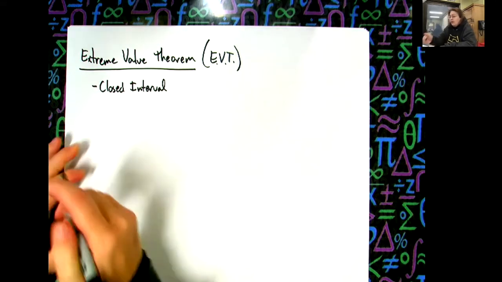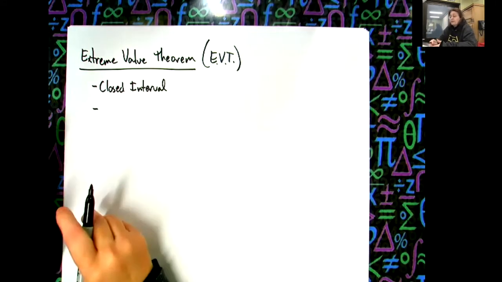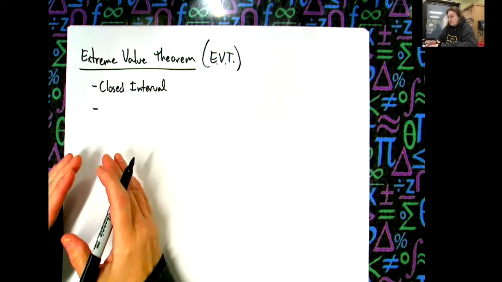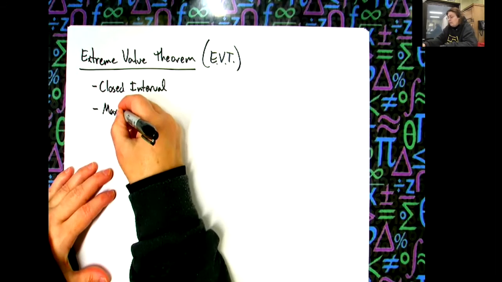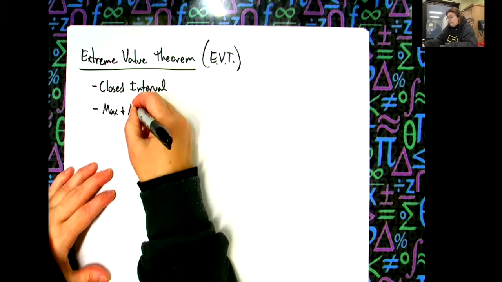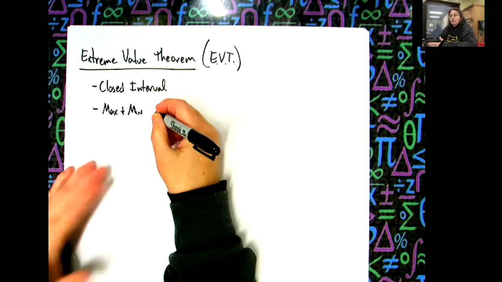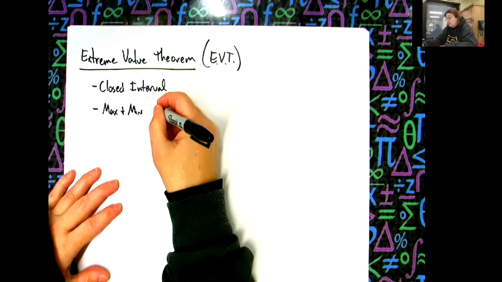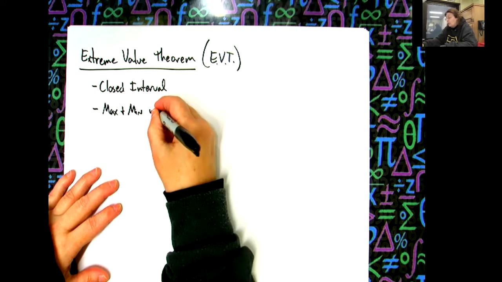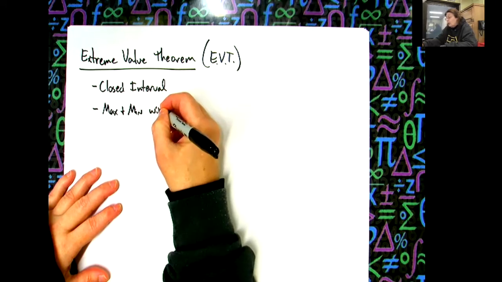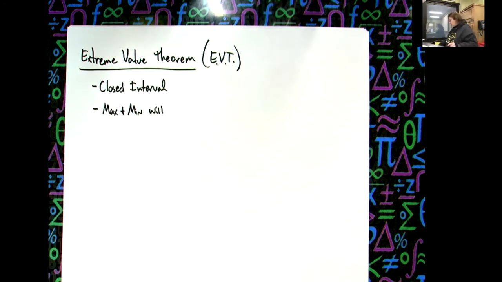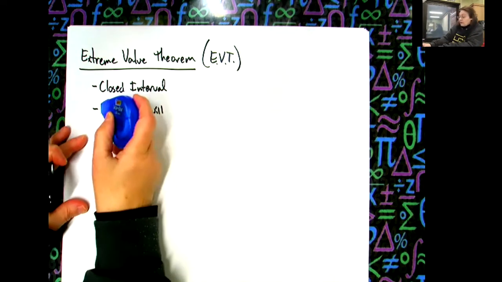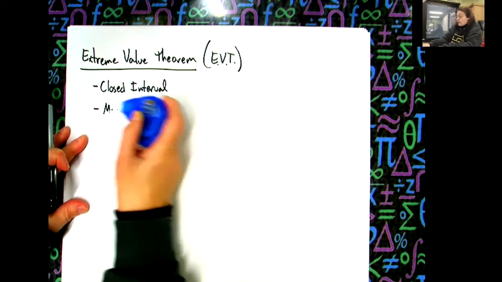And then basically what the theorem says is that our maxes and mins, I don't know if I want to write it this way or not. I'm trying to make this up off the top of my head. Let's not put the word maxes and mins there because I don't want to use it twice. Let's change this.